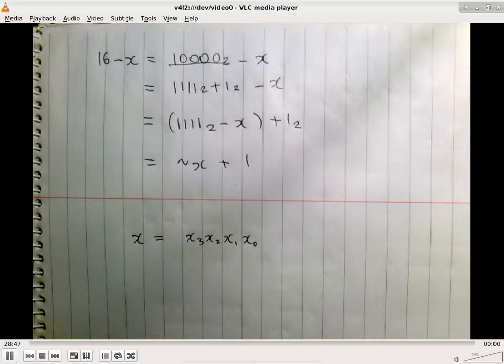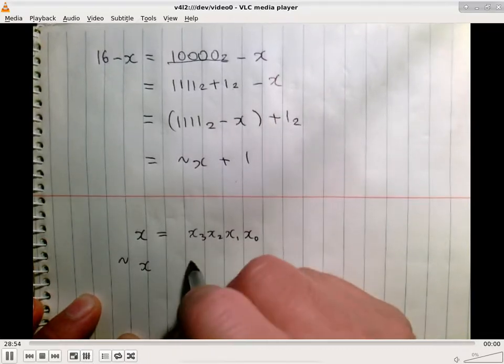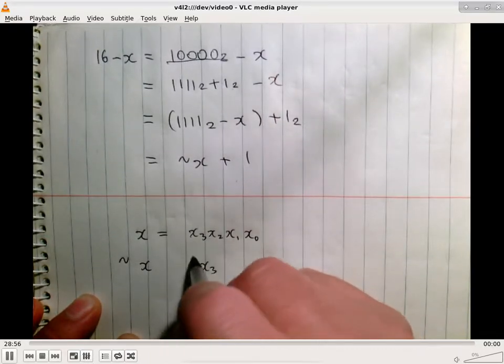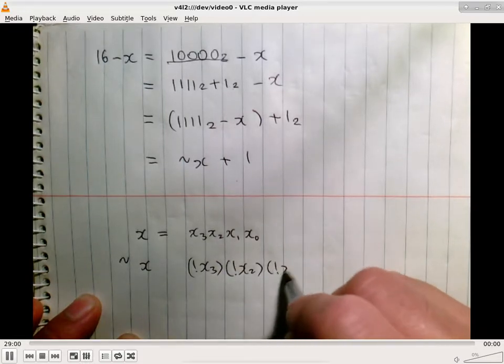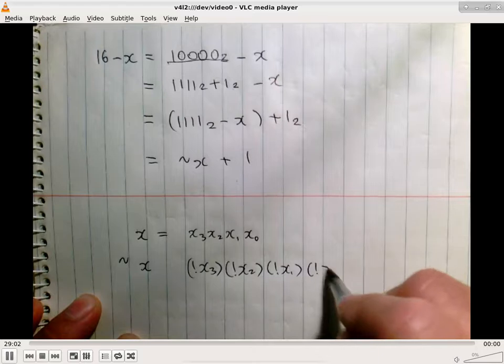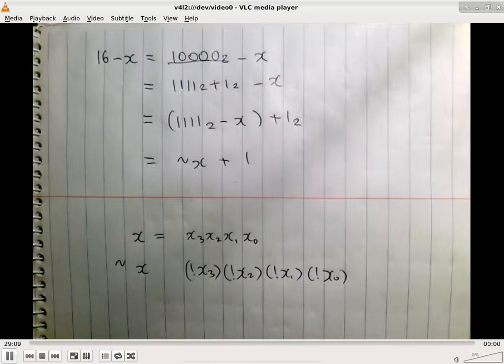The bitwise not of x is nothing more than the negation of this bit, the negation of this bit, and so on for each bit. So you take each individual bit, you flip a 0 into a 1, you flip a 1 into a 0. That is all it's going to do.